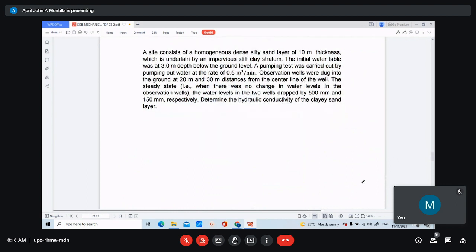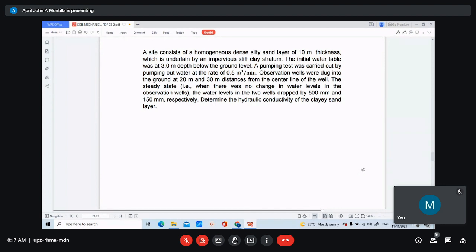We have here a site consists of a homogeneous dense silty sand layer of 10-meter thickness, which is underlain by an impervious stiff clay stratum. The initial water table was at 3.0 meter depth below the ground level. A pumping test was carried out by pumping out water at the rate of 0.5 cubic meter per minute.